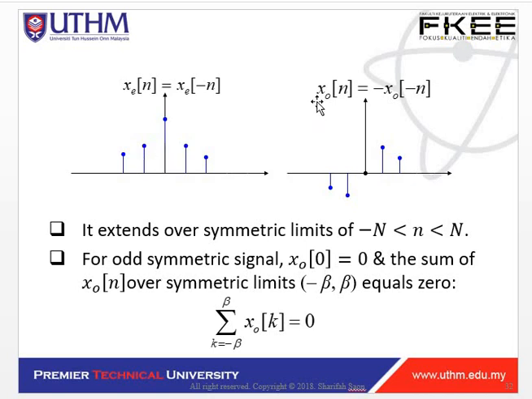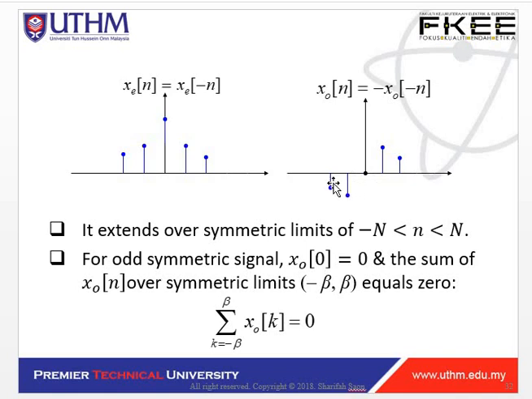But what about the odd signal? If you look here, x odd[n] is equal to negative x odd[-n]. This means it involves two mirror images. First, take x[n], and the mirror image at the y-axis gives you the signal here. Then you have the second mirror image at the x-axis, which you get from here.